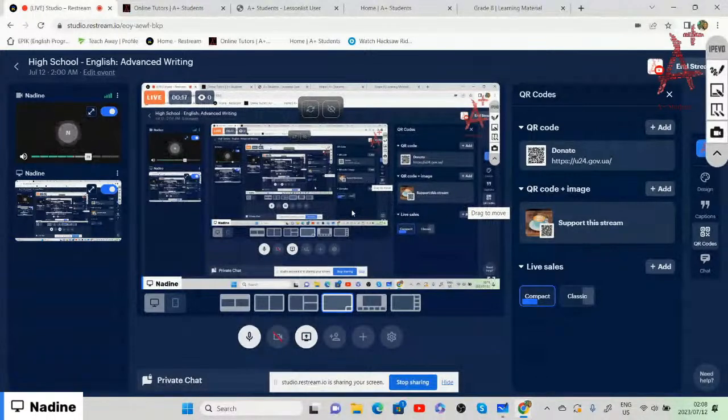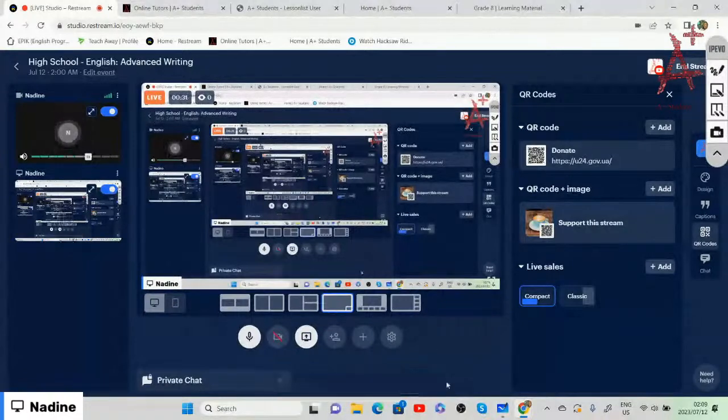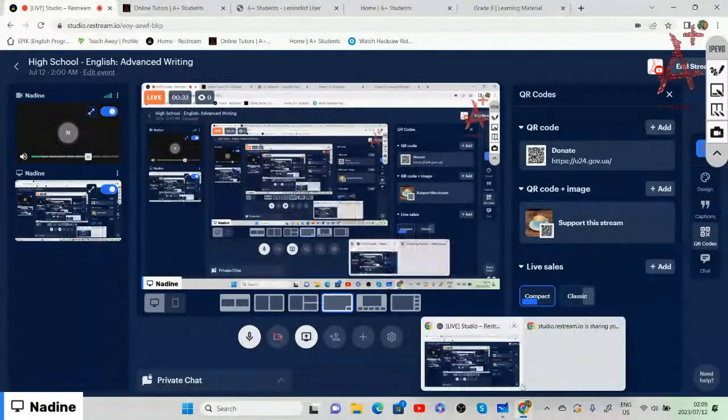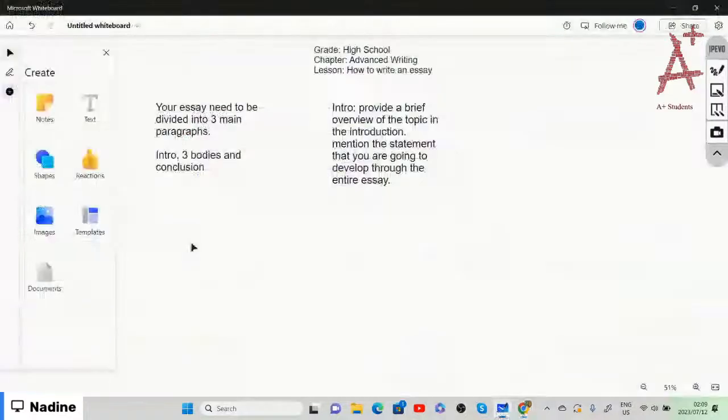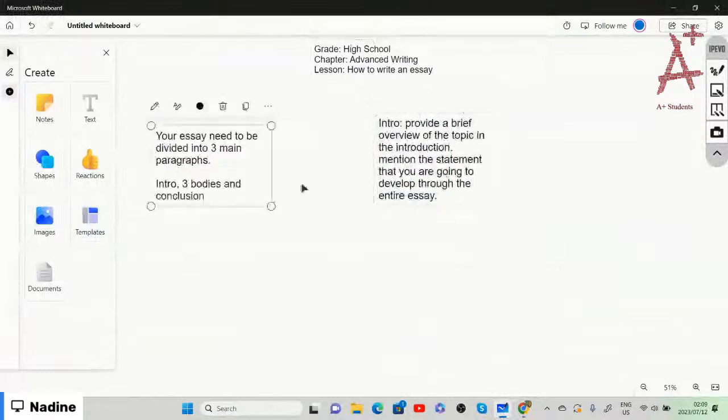All right, so in our class today, or for the lessons for today, it's basically advanced writing, and our focus is going to be on essay writing. So our focus is on essay writing, or how to write an essay, right?